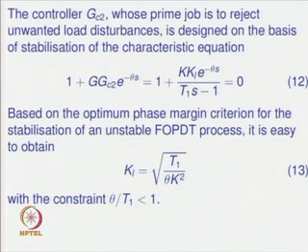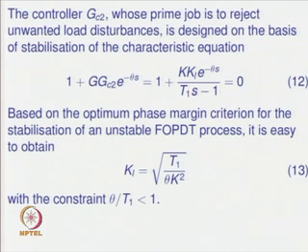Now, substitution of G and the expression for GC2 gives us equation 12, which has the expression 1 plus K K L e to the power minus theta s.